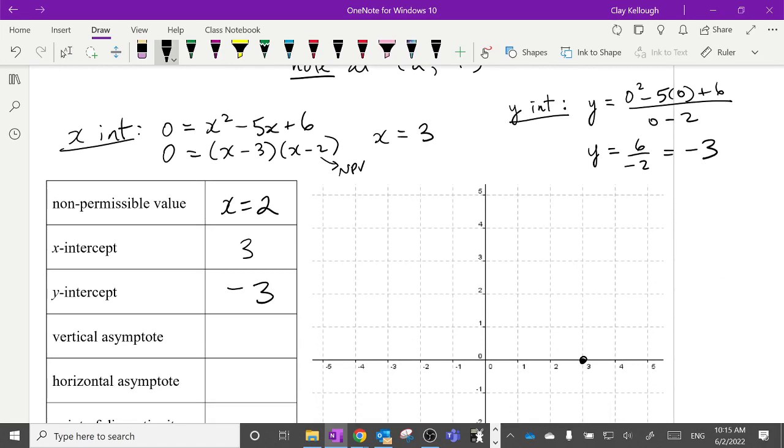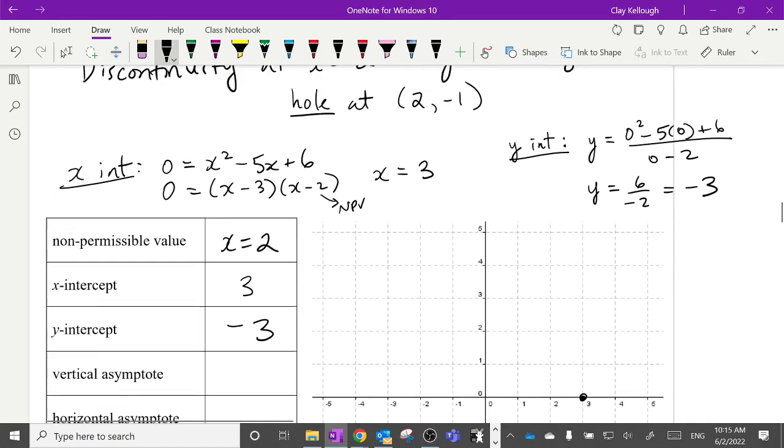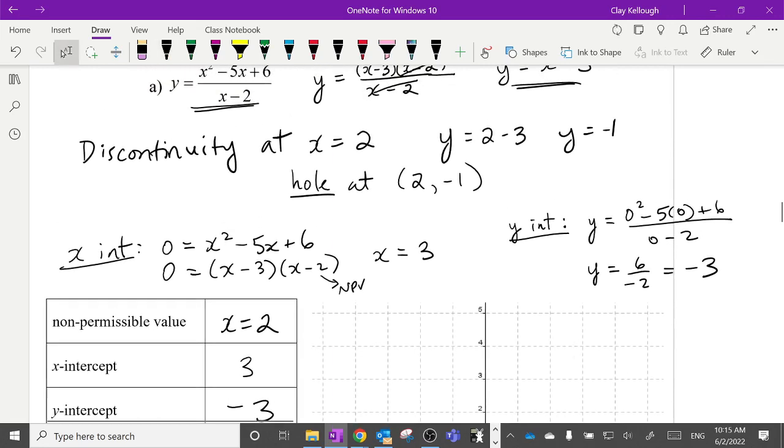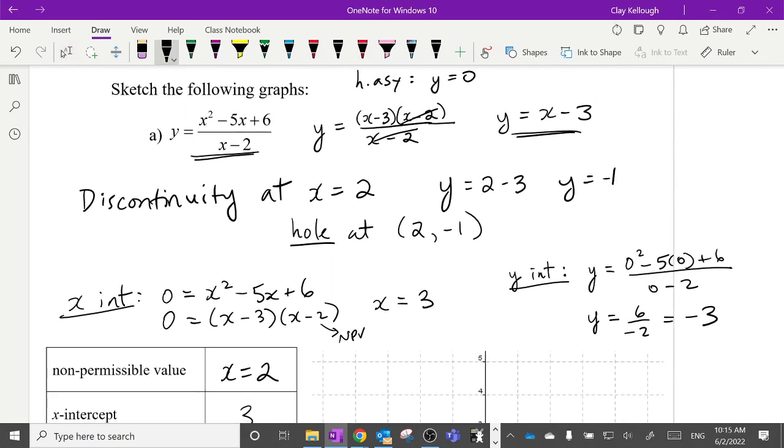Would I have gotten the same intercepts if I'd have used the simplified version of the equation? The original equation was this guy here with this big divide, but I realized that it actually is the same as this equation except for the hole. So as long as I'm not looking for where the intercept is and that happens to be the hole, what happens? Let's find the x and y intercepts here. So what's the x-intercept on this guy? X-intercept happens when y is 0. 0 equals x minus 3.